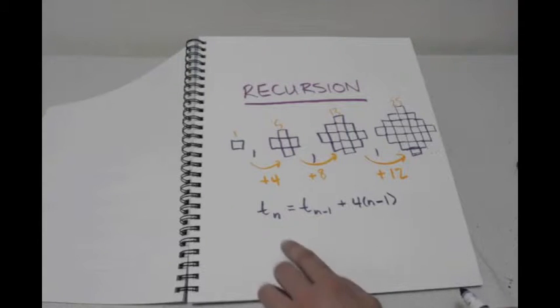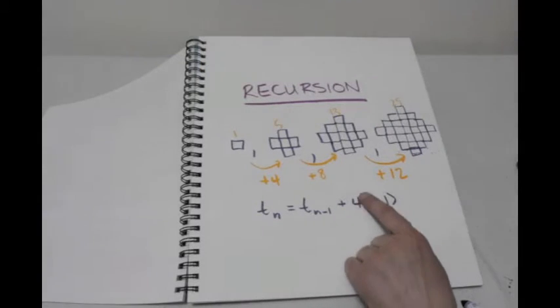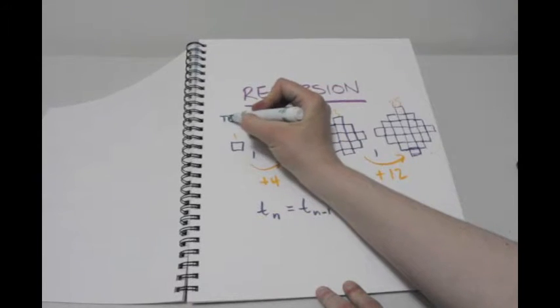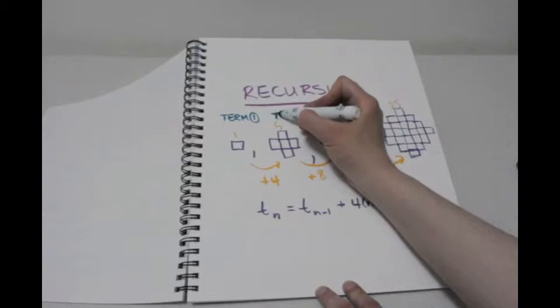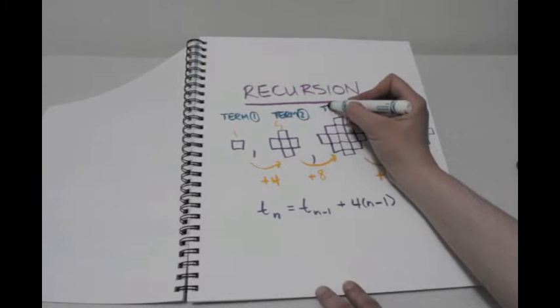Another way you could do it, so this says to get any term, you take the term before it and you add 4 multiplied by whatever the term number of the term before was. So let's call this term 1. Here's term 2. Here's term 3.